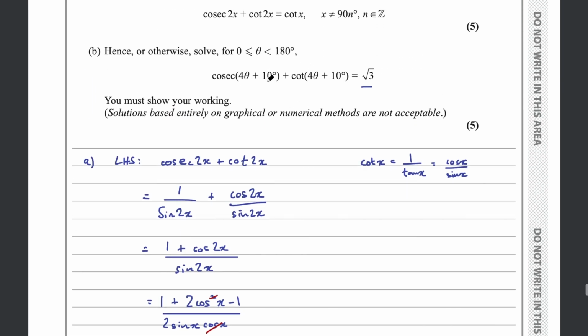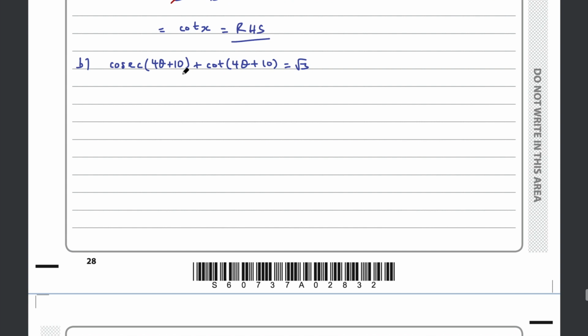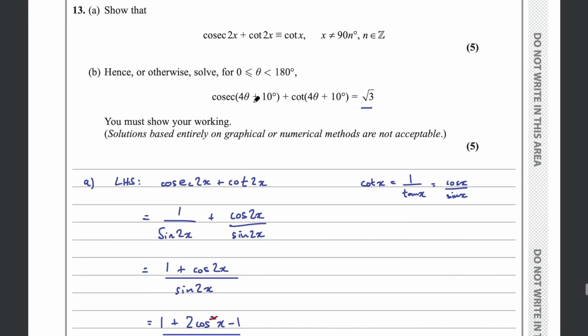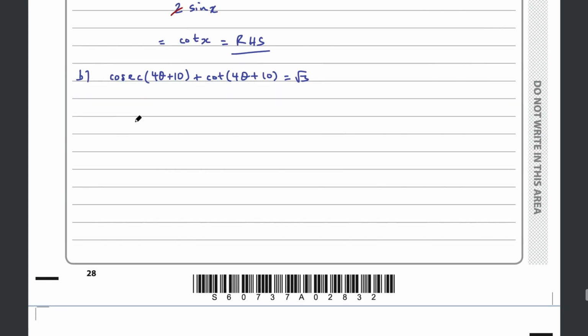Now we were talking about 2x here, and you can see these angles have a factor of 2. So another way of writing this is the cosecant of 2 times 2 theta plus 5 plus the cotangent of 2 times 2 theta plus 5.